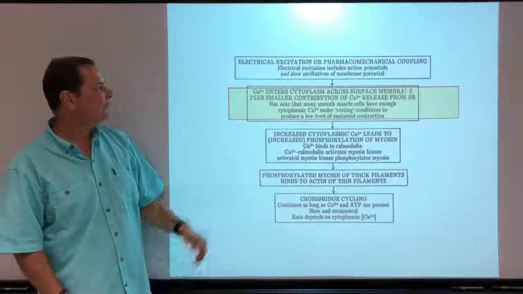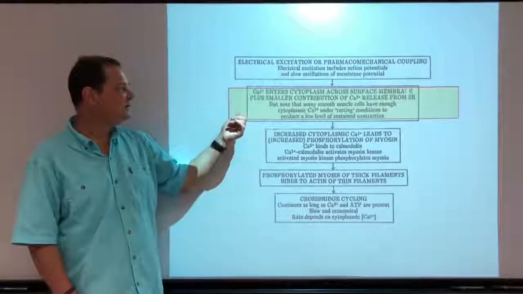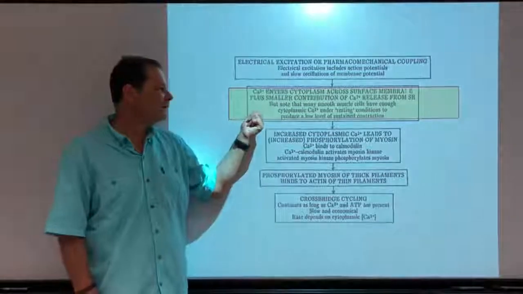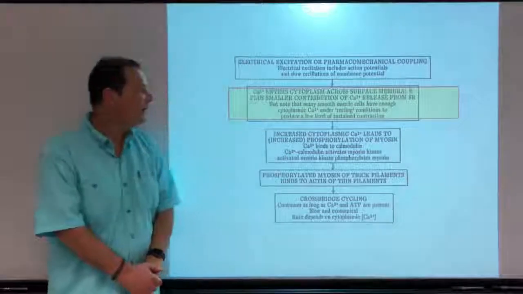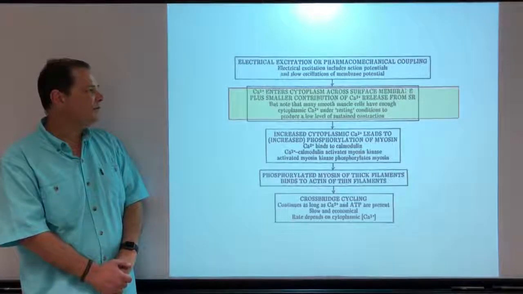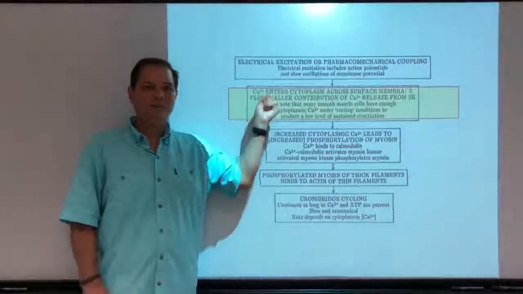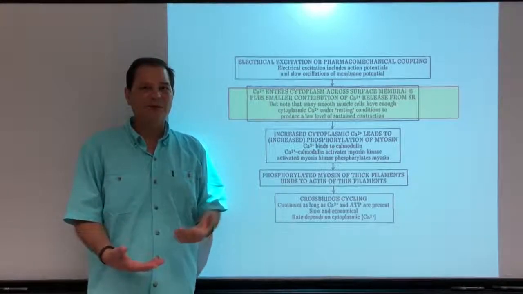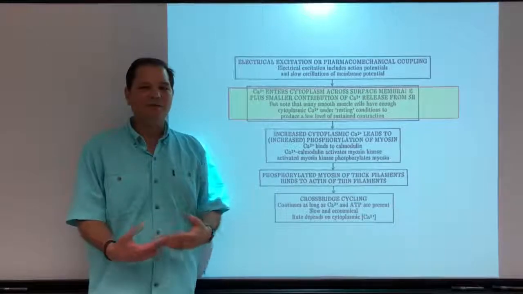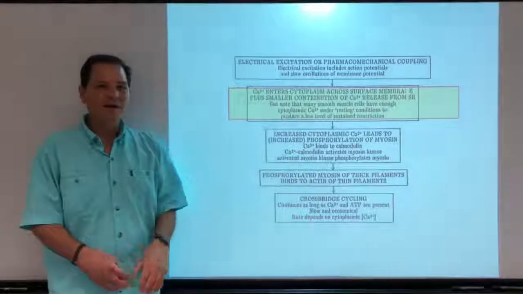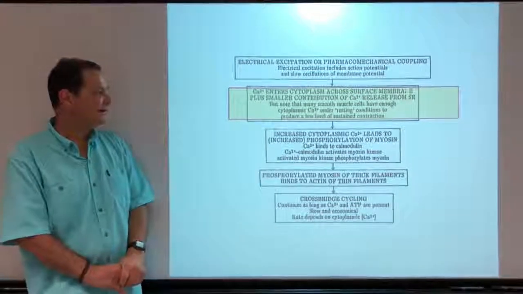in the case of certainly electrical excitation and some forms of pharmacomechanical coupling. This is not necessary for all forms. Remember, we went through the action of the beta receptor where the action was entirely on the level of myosin light chain kinase. You didn't need a change in calcium to get that to work.